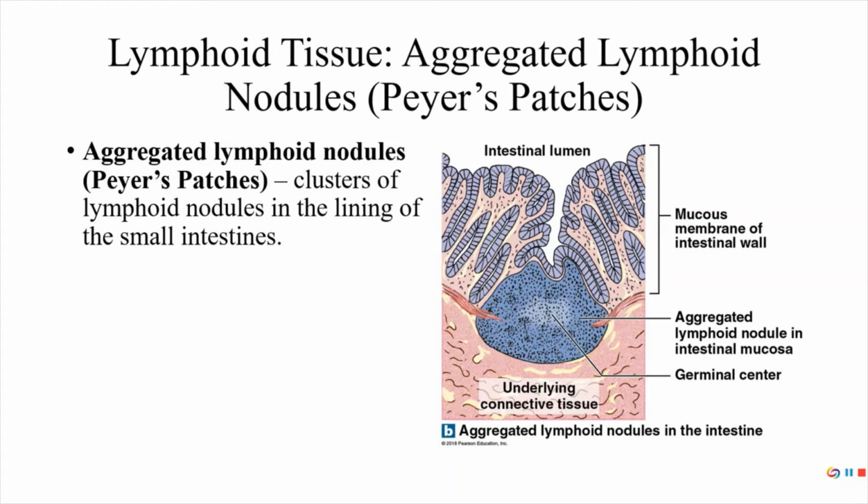Now, we have something called Peyer's patches, which I never called it that. That was not a term I ever used. I always use aggregated lymphoid nodules. They also call them Peyer's patches. But these are in the small intestines. We'll talk about them, that they're basically there, that if any bacteria from the large intestine gets into the small intestine, this can help us fight those bacteria from spreading there who may be harmful.